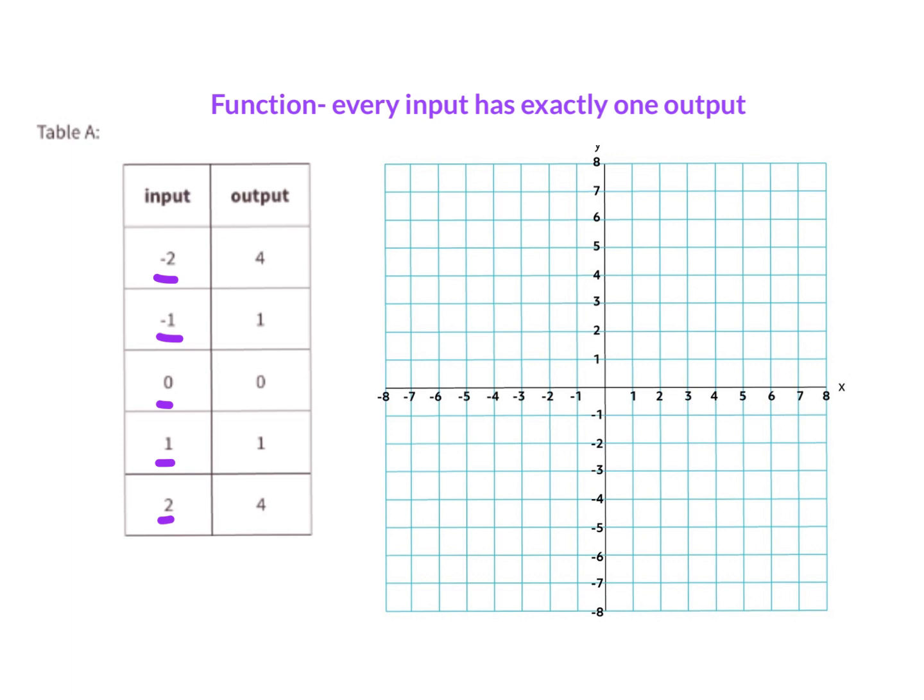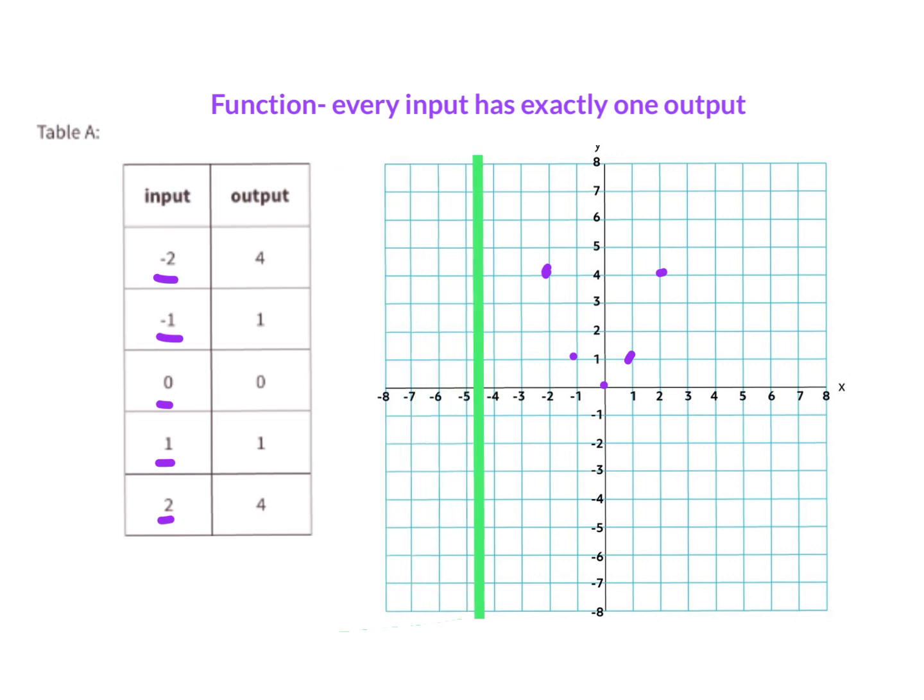There's no repeaters there. So I'd also like to show you on a graph how this would pass the vertical line test. So I'm going to plot each point: -2, 4, -1, 1, 0, 0, 1, 1, and 2, 4. Okay, I put them all in a graph. Now, if I do the vertical line test, you can see it passes.